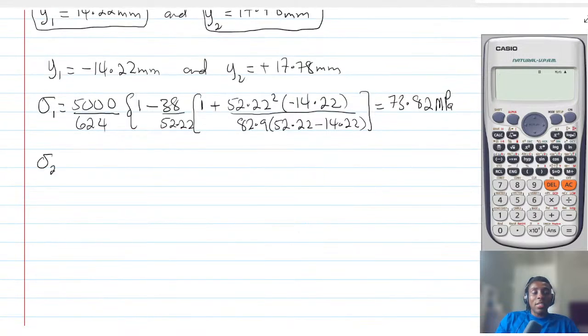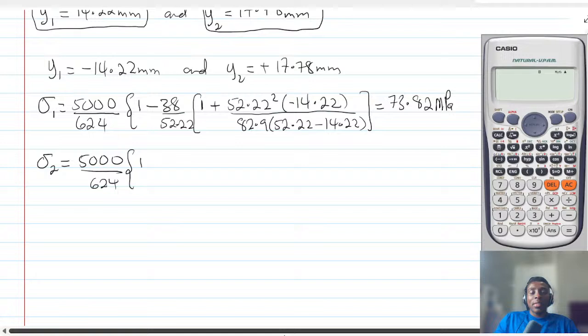And then for the second stress, it's going to be the same thing. But then when you get to this point, all you have to do is to change it and make it the y2. So 38 over 52.22, 1 plus 52.22 squared, 82.9.